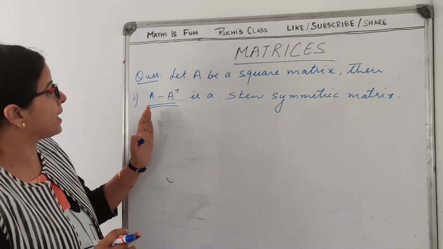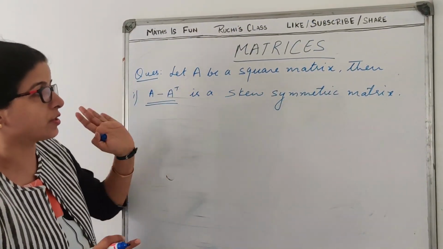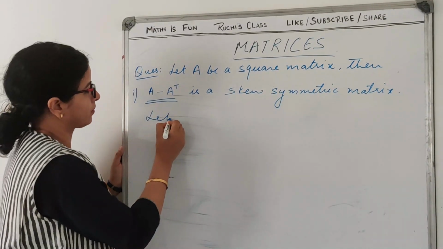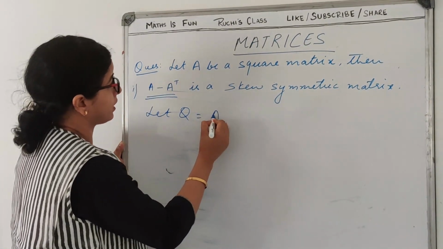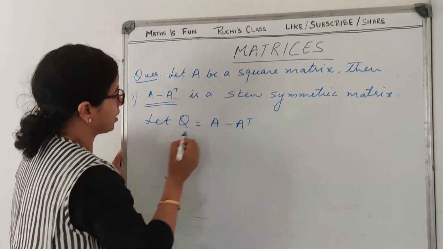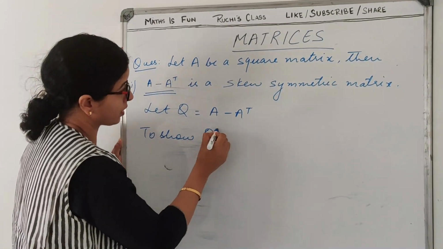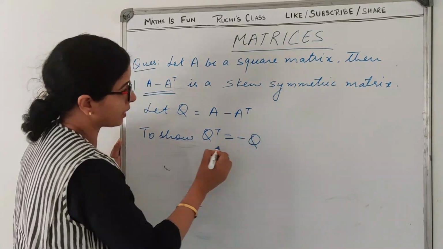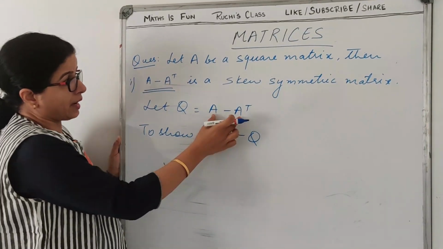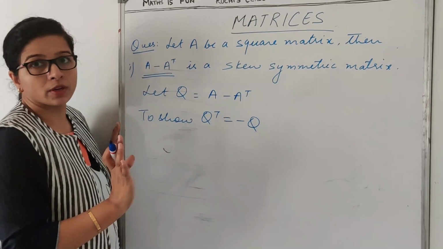Now, is A minus A transpose a skew symmetric matrix? Let Q is equal to A minus A transpose. Now what do I have to show? Q transpose is equal to minus Q. Then only I can prove that A minus A transpose is a skew symmetric matrix.